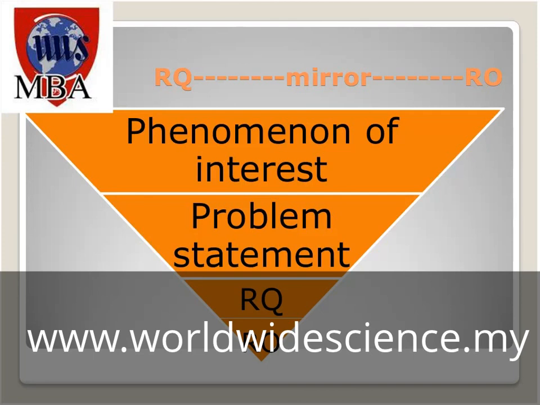All right. Another thing I want to tell you is about the RQ and RO, meaning research question and research objective. This is very important. You can write it in big letters and put the paper on the wall. And always think about it: the research question and research objective should be two sides of one mirror.